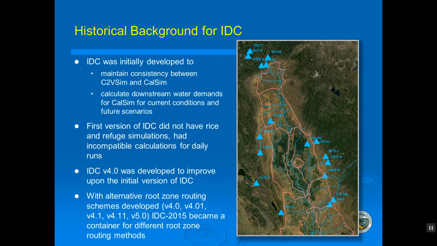So what CalSim needs is the downstream demands, among other things, regulatory environment and environmental constraints and all that, environmental flows. But essentially, given those downstream demands, what CalSim tries to do is figure out how to operate these upstream reservoirs. How much water to release from the reservoirs. And I hope I'm not putting my foot in my mouth. That's my understanding of what CalSim does. I don't do CalSim, but generally, I think that's what it does.